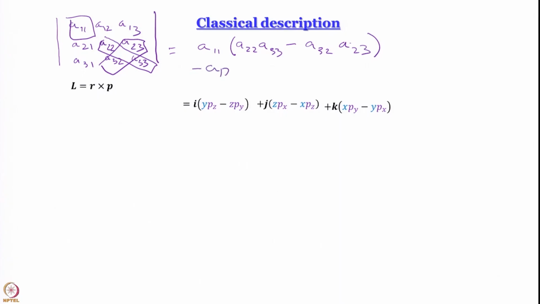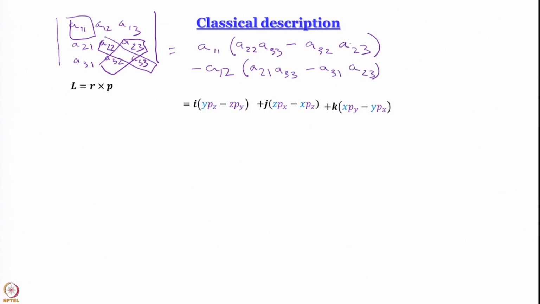So, you write minus A12 multiplied by A21 A33 minus A31 A23. What you do is, you leave out this column and this row, whatever is left in that block you take the cross product and subtract the other diagonal product. So, A12 is in the first row and second column, so leave out those.